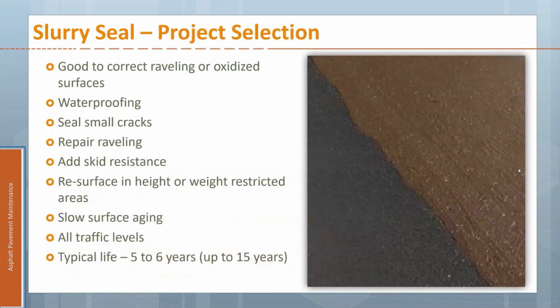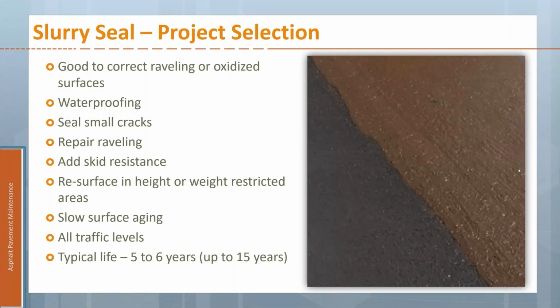So a slurry seal is good for projects maybe where you've got a raveled surface, an oxidized surface, something that you want to waterproof, seal some small cracks, maybe a little bit of raveling, and it can actually add some skid resistance.